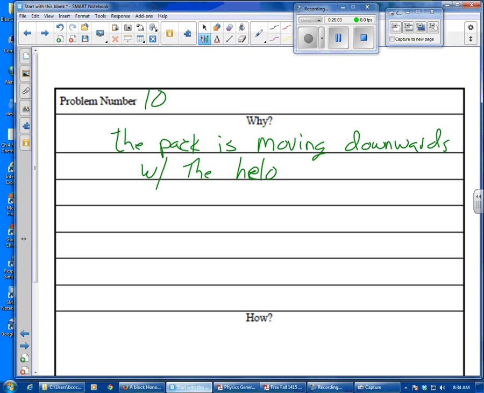So it's accelerating. Which direction? Accelerating down at little g, which is 9.80 meters per second squared. So as soon as it's released, it's starting to accelerate downwards.